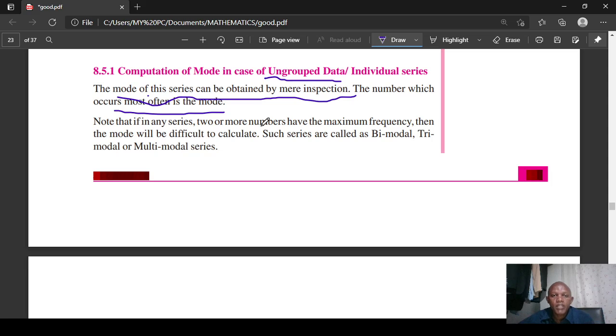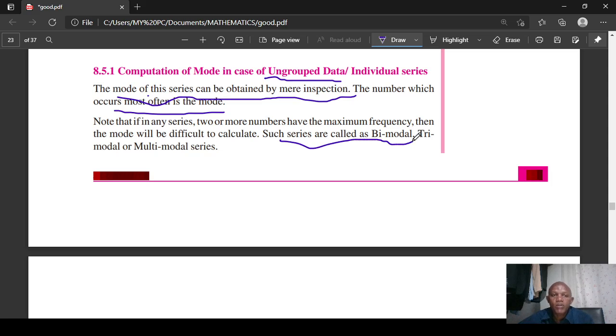Of course, if you have 2 observations that have the same number of highest occurrence, then that data set is called a bimodal distribution.